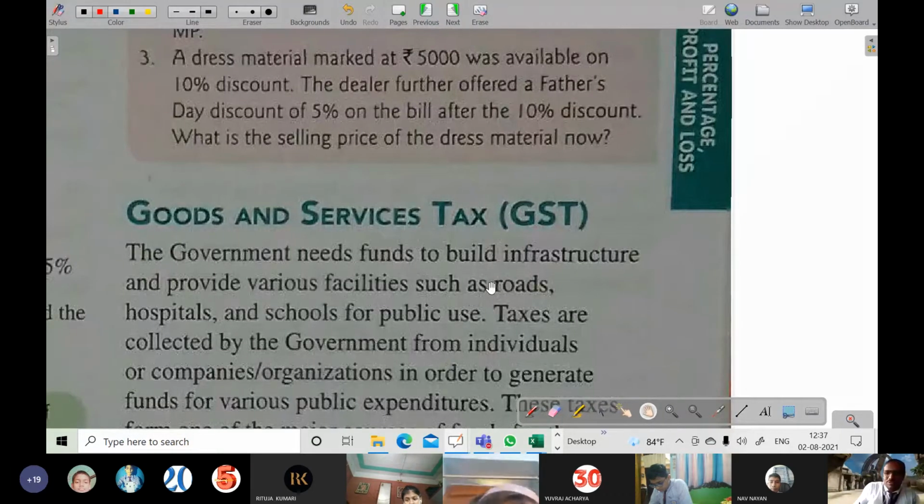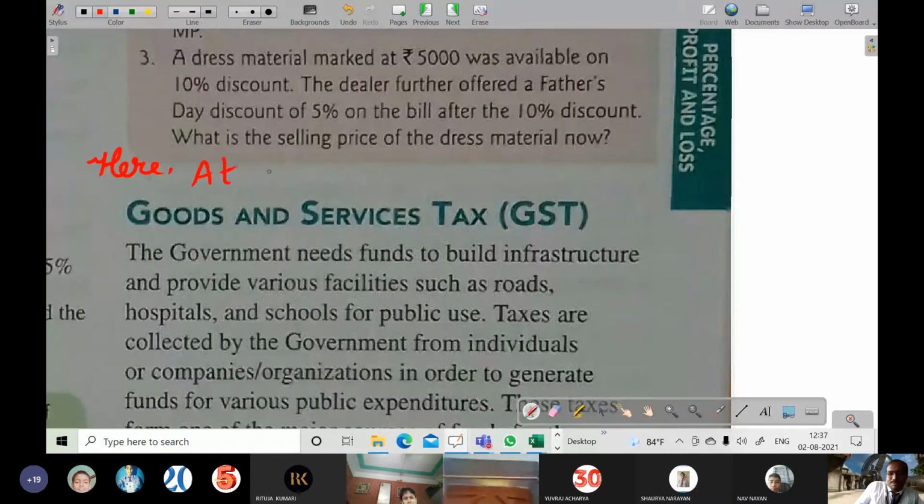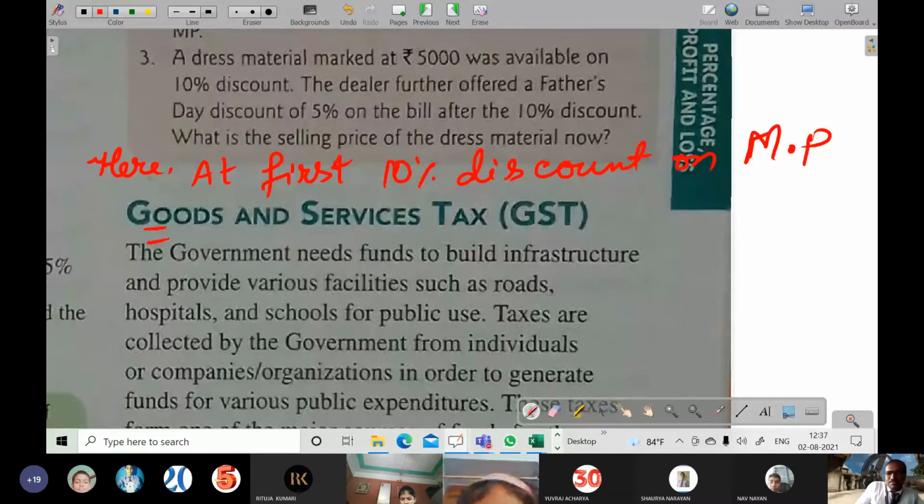Okay. So what will you do? Here, at first, 10% discount on MP is equal to, what will happen?